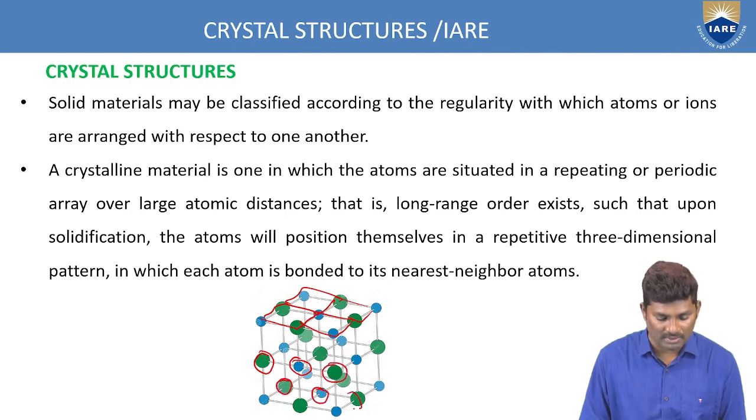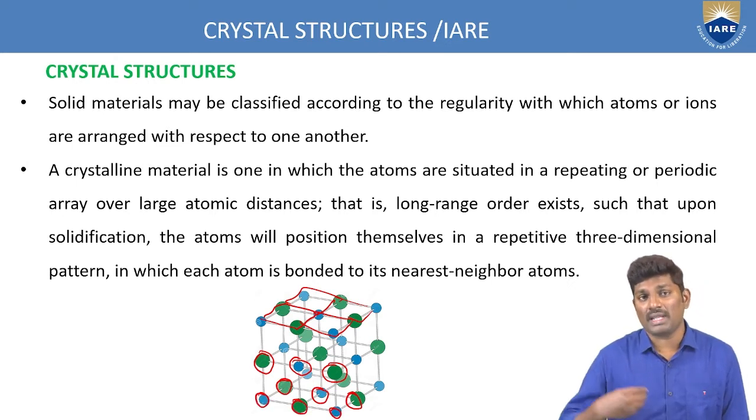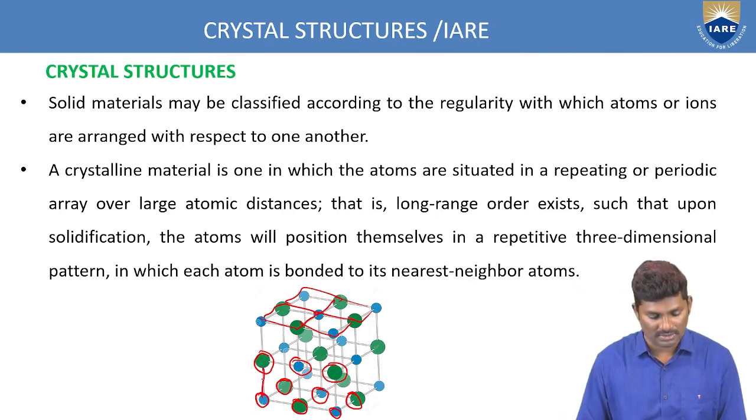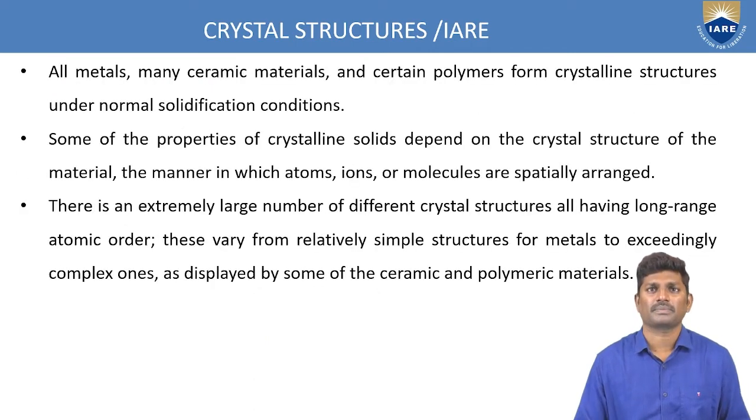Each atom should repeat itself with the others, and between these atoms and their neighbor atoms there should be a bonding, like this. Wherever you find a neighbor, they should have a bonding. All these things come under the crystalline structure.